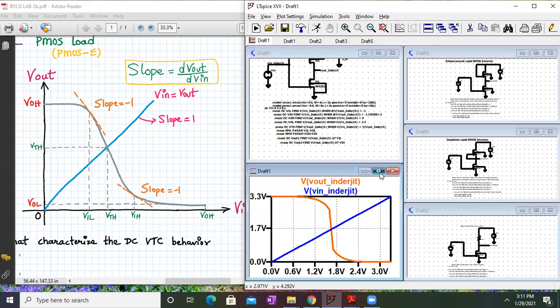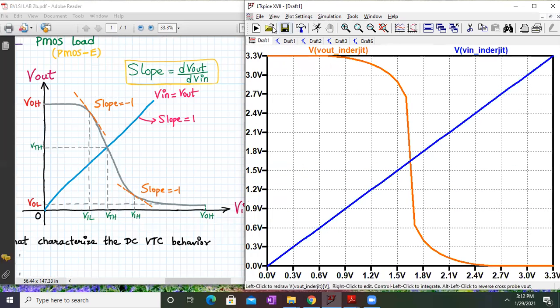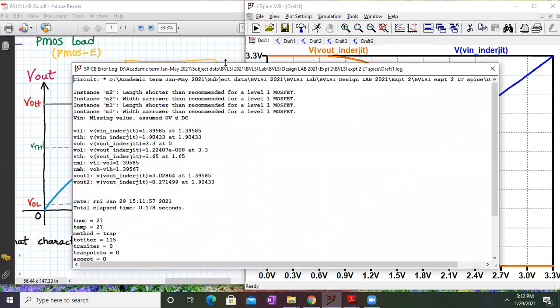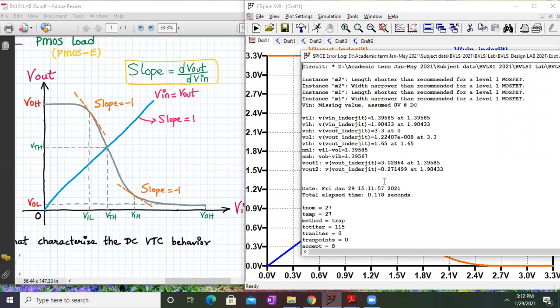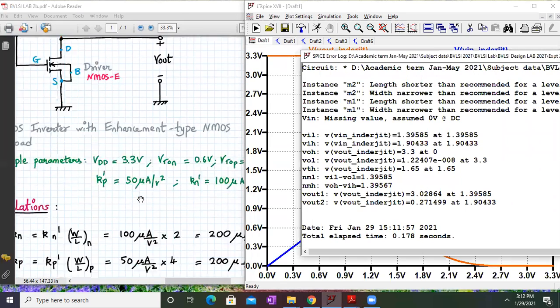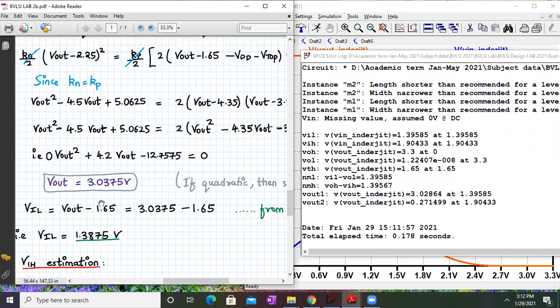Here I'm getting the same graph, nothing changes. But if I view the plot, spice error log, I'll get much better results. See over here, you got the values in the calculations also. V out is 3.02 at VIL equal to 1.39.